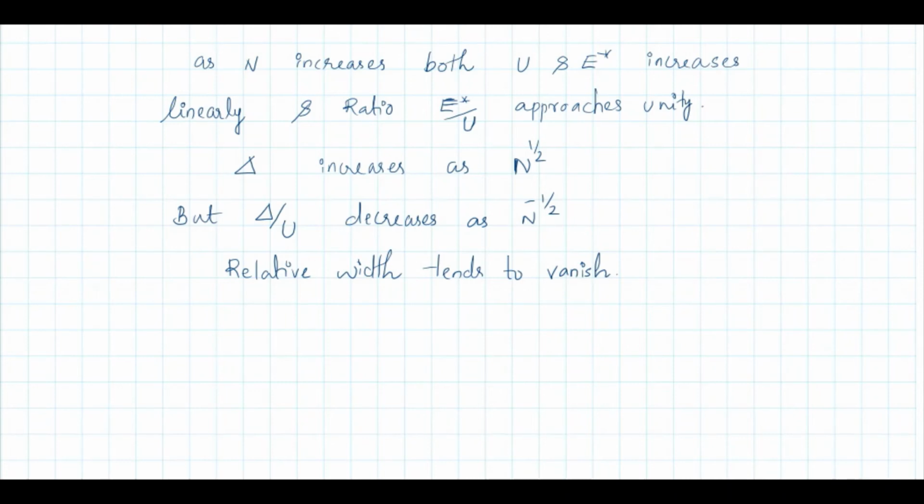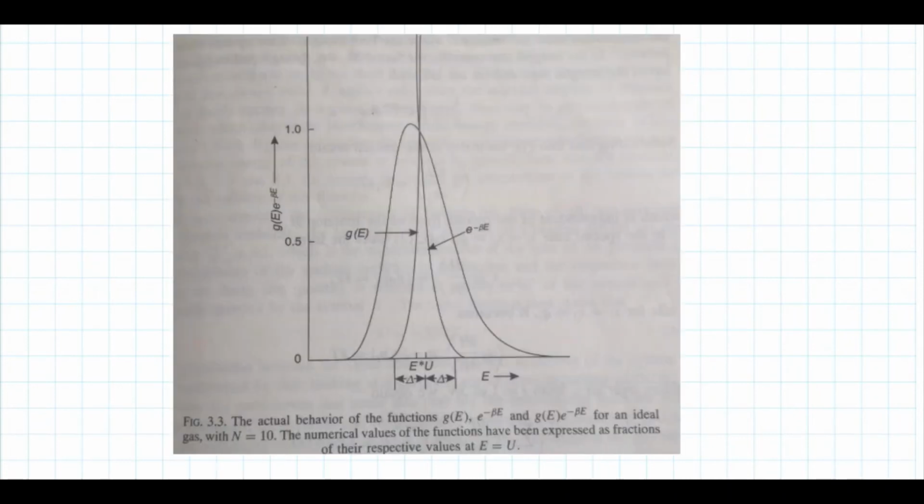Now, I will explain this graph which is shown in Pathria's textbook. Here there are two curves. One is g of E, which is E raised to 3N by 2 minus 1, a rapidly increasing function. Then there is e raised to minus beta E, an exponentially decreasing function.